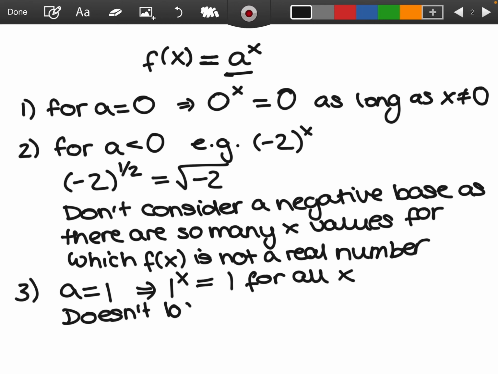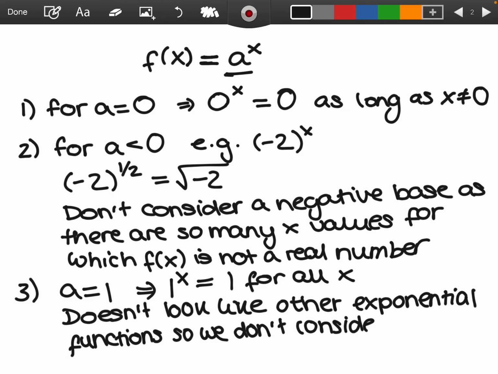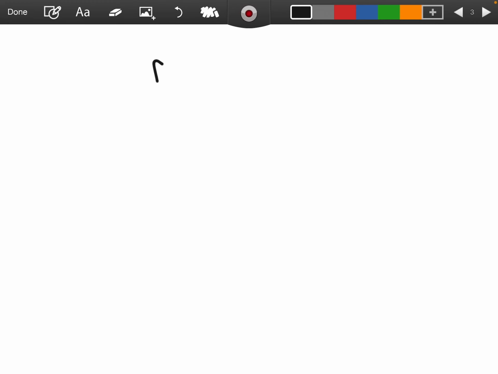So for this reason, it doesn't look like other exponential functions, so we don't consider a is equal to 1. Okay.